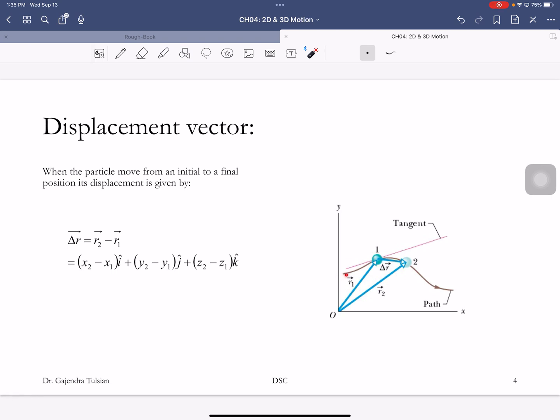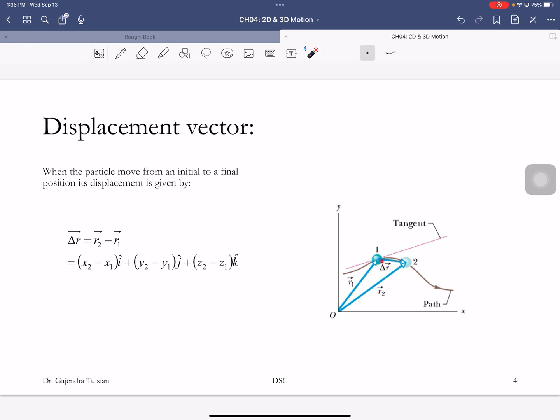So let's say here is the trajectory. Now we'll define the displacement vector. If this was your location at an initial time, with reference to the origin, there is the initial position vector, and this was your location at a later time. Here's the position vector at the later time.